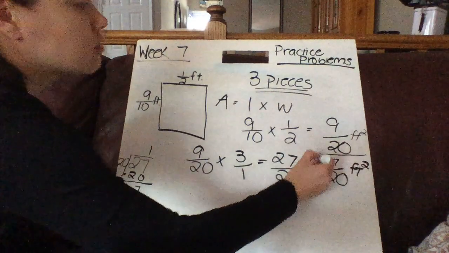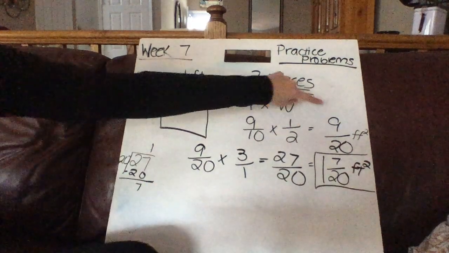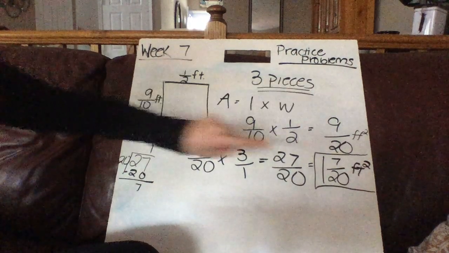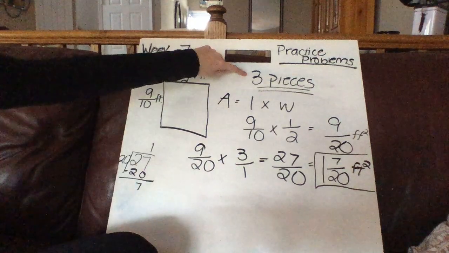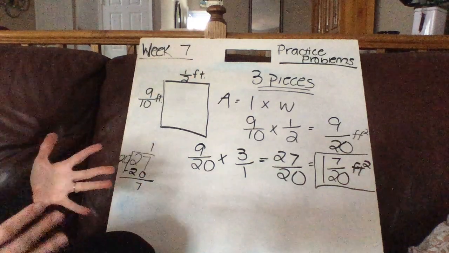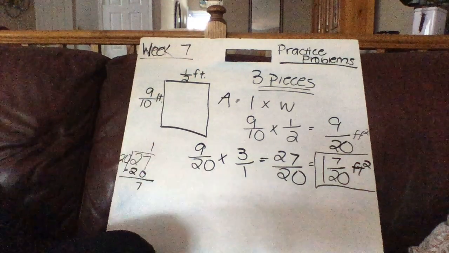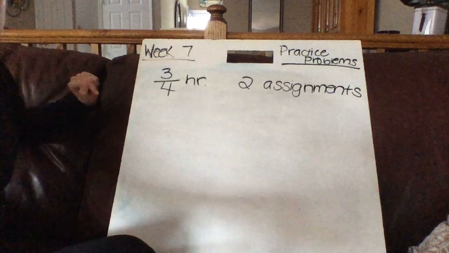So the final answer is actually going to be 1 7/20. Even though 9/20 is a good answer, remember that's only for one piece of construction paper and not 3 pieces. Okay, so that would be a similar word problem that you might see when you work on your Google form. Okay, on to the next practice problem.